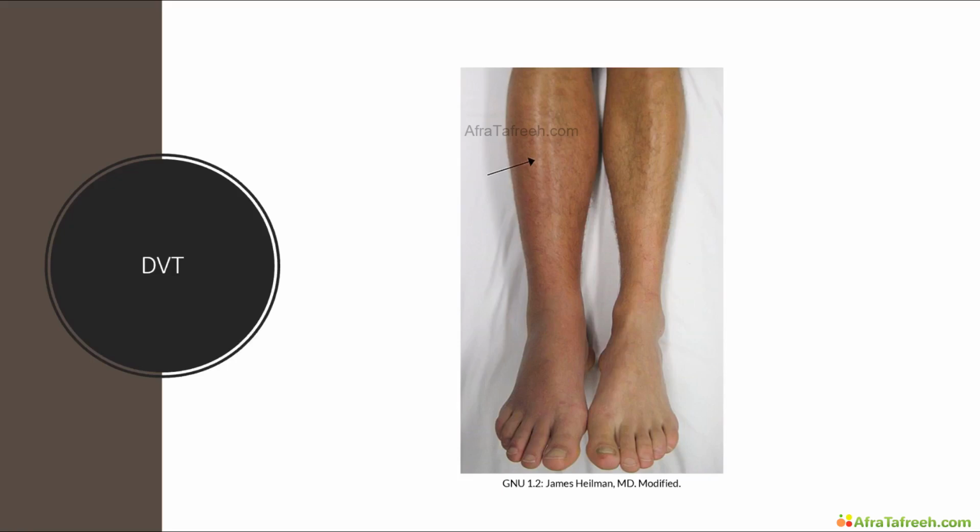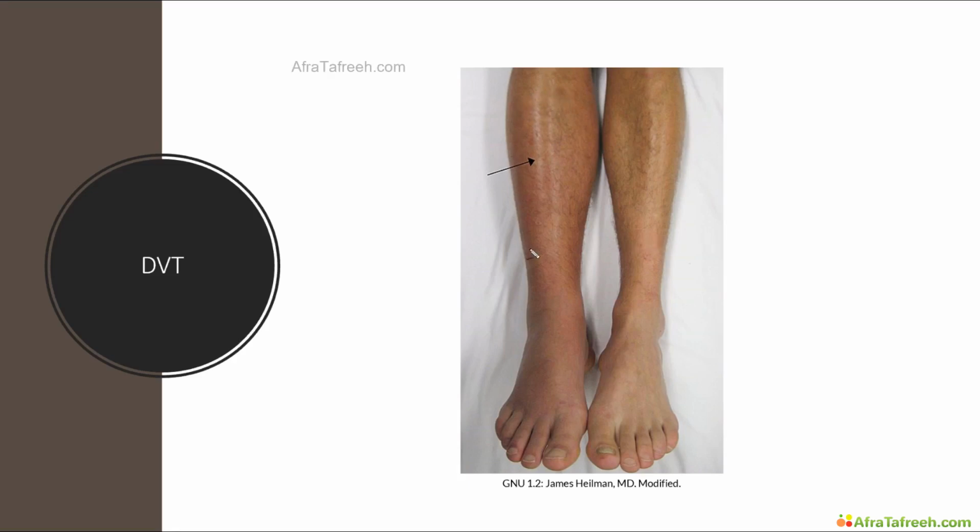Here we have an absolutely classic image of a DVT of this patient's right leg. This gives us an excellent comparison, allowing us to see some of the erythema, swelling, when compared to the unaffected left leg. And so this is an image that you really should be able to burn into your brain when it comes to DVTs.